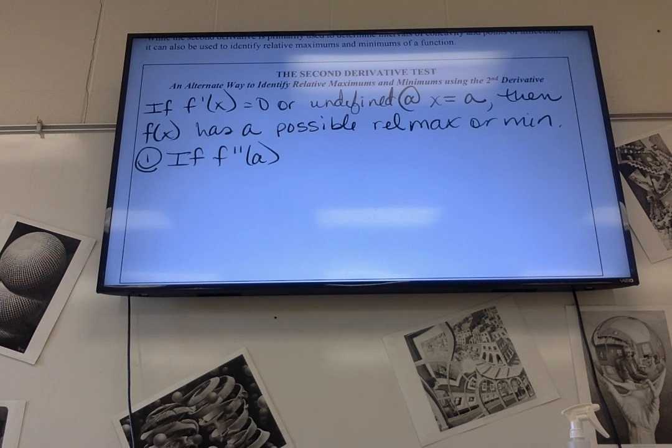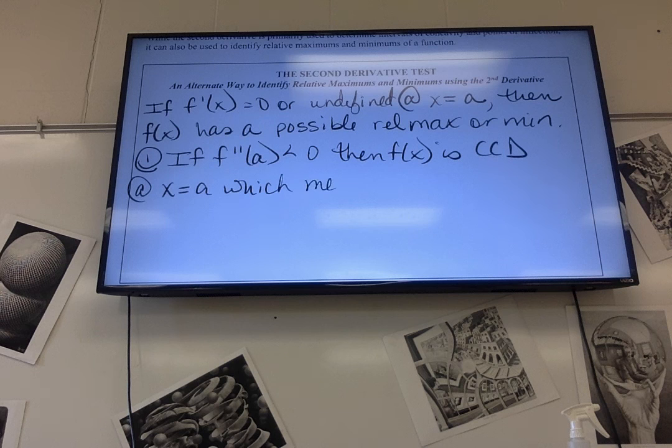So if you take a, which is what we got when we took the first derivative and set it equal to 0 or where it's undefined, the possible relative maxes or mins, and you put it into the second derivative and it's less than 0, then f of x is concave down, because a negative second derivative means concave down, which means x equals a is a relative max.